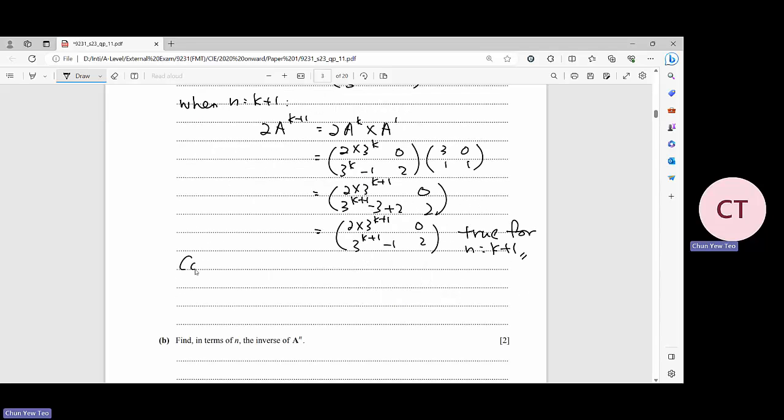So your last statement, the conclusion. By PMI, which is the short form of proof by mathematical induction, 2A to the power n is given as 2 times 3 to the power n, 3 to the power n minus 1, 0, and then 2, for all positive integers n.